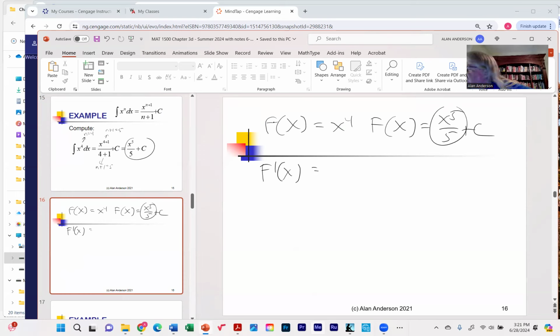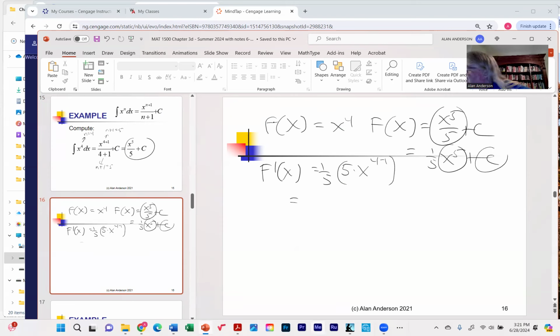What we can probably do is write it like this. It might be a little quicker. 1/5. Now here we can apply the power rule as 5 times x to the 4 minus 1. This goes to 0.